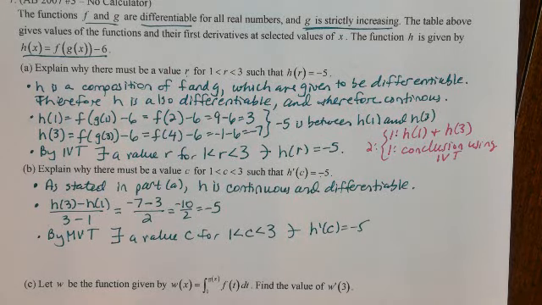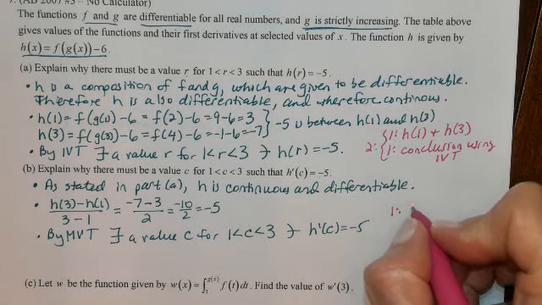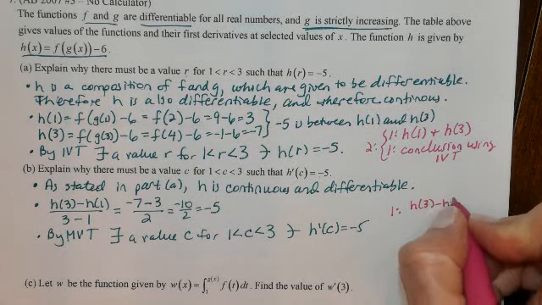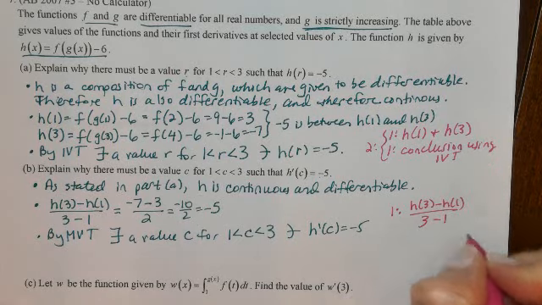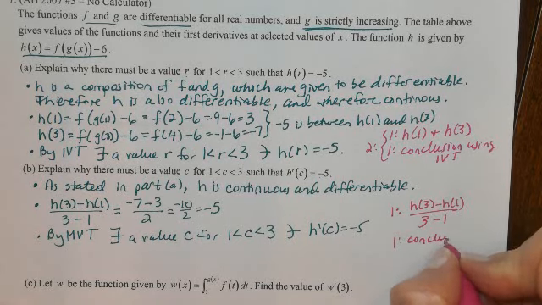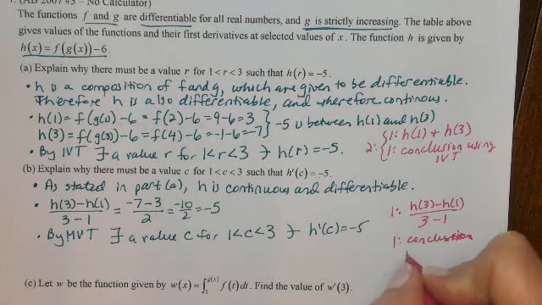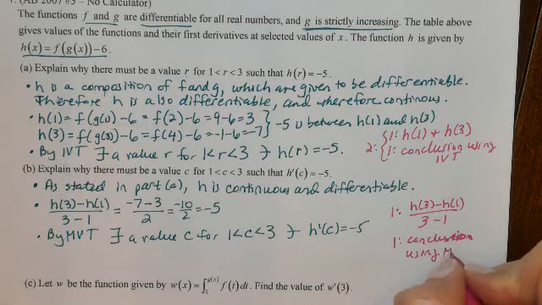Not too bad. So the way this was scored, 1 point for h of 3 minus h of 1 over 3 minus 1, and then 1 point for your conclusion, using MVT.